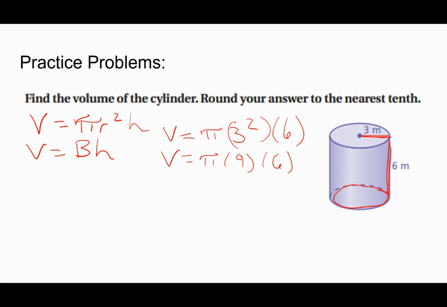We put this all together in our calculators, so we have 9 times 6 times pi, and that gives us 169.6. So the volume equals 169.6, to the nearest tenth, meters cubed.